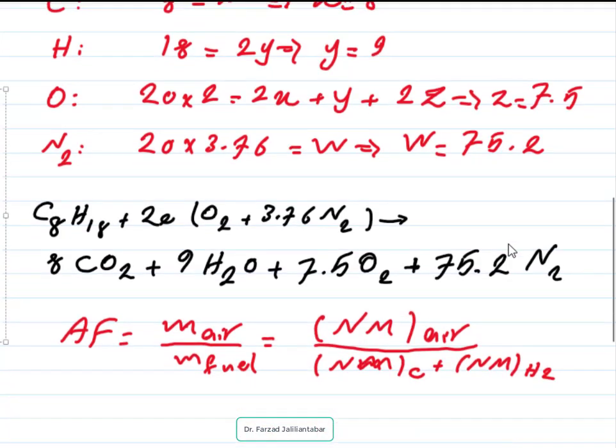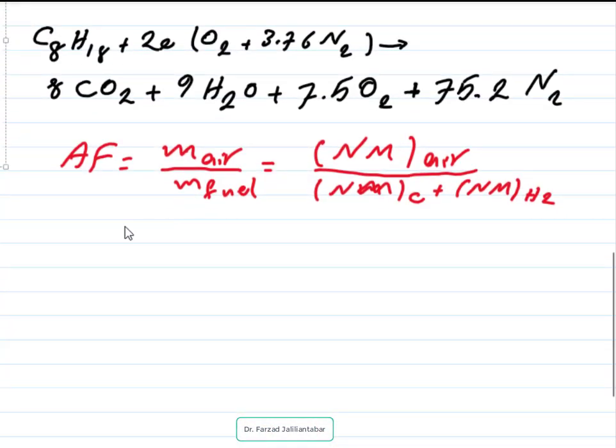Now to calculate this, we should substitute the values for the molar mass of the air, the carbon, and the hydrogen in this equation.